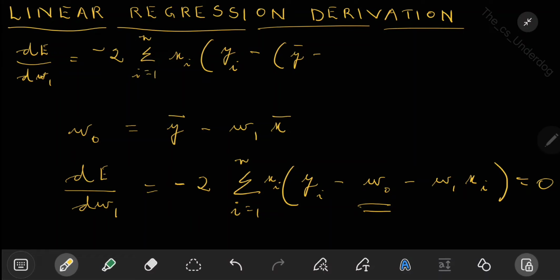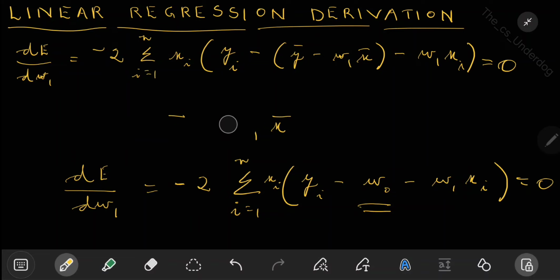W0 is y bar minus w1 x bar), this minus w1 xi, right? This is the final term. Once you have this, you have to equate it to 0. So this is how you have to find it.